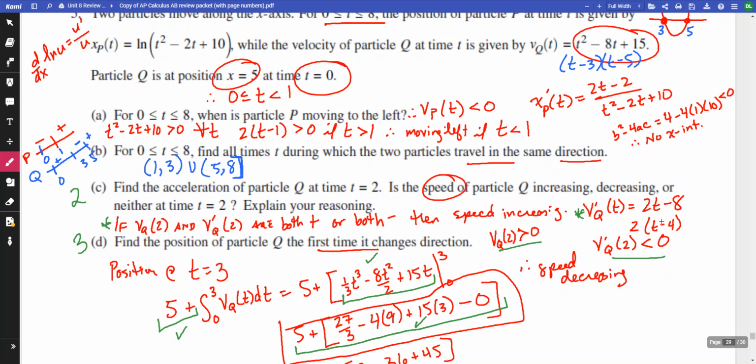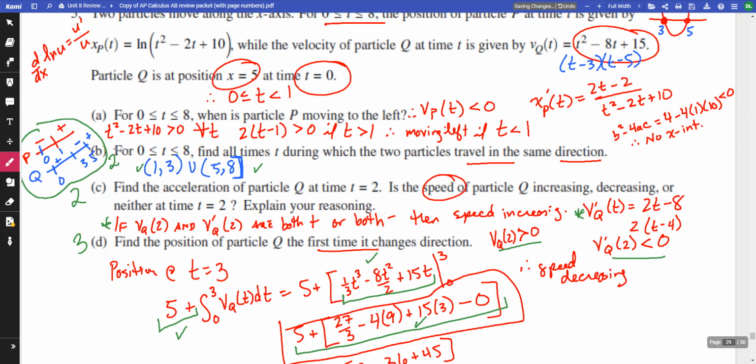Okay. For the next one, we found the 2t minus 8 that we found earlier, or no, sorry, for the next one is velocity. So velocity of Q, doing a sign analysis, and we have to do a sign analysis on both, and we get to our interval, and there are 2 points here. However, if you don't have this sign analysis, there are no points.